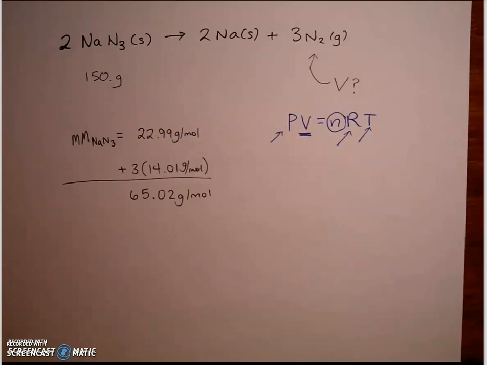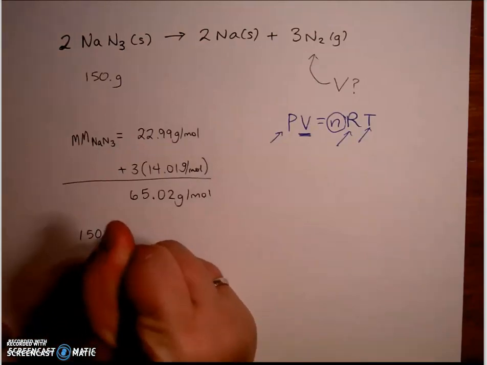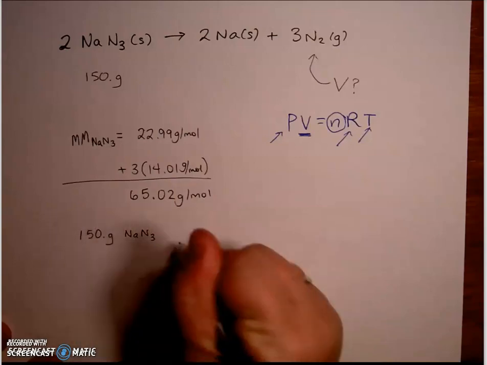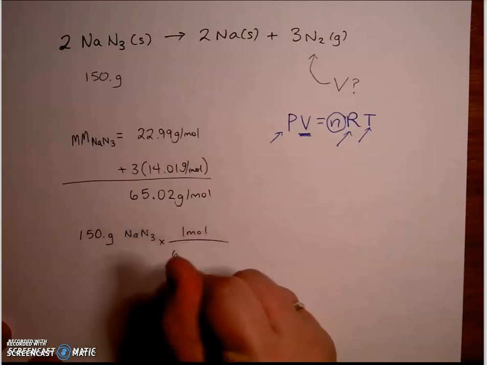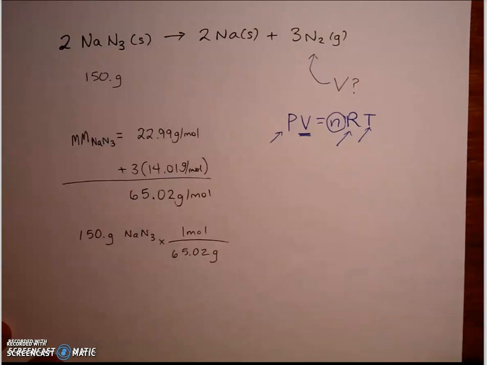That gives us 65 grams per mole. So I'm going to convert 150 grams of sodium nitride to moles of sodium nitride, so then I can use stoichiometry to get moles of nitrogen and use the ideal gas law to get volume.